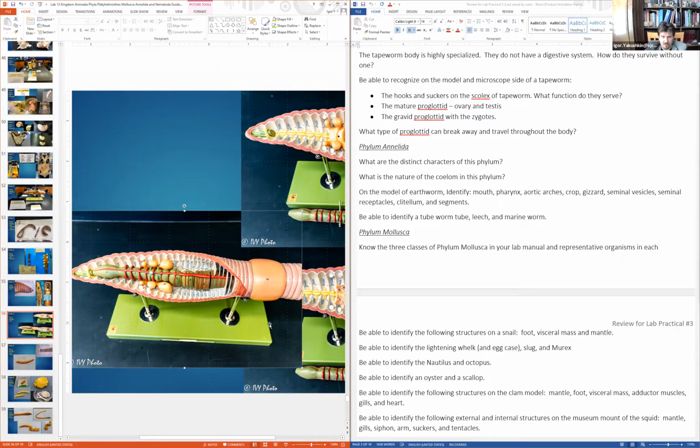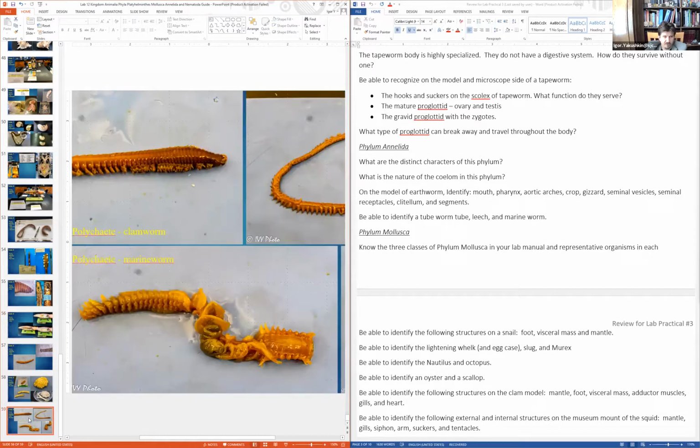Be able to identify a tube worm, leech, and marine worm. Here we're looking at the marine worm, the clam worm. It looks kind of weird, but it's essentially harmless to us.